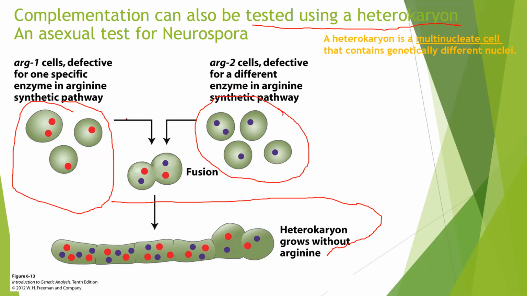However, if we fuse these two mutant lines, the fusion of these two mutant lines can grow by itself without adding any arginine into the plate. It can grow by itself. So this is another experiment that we can do for the complementation test.